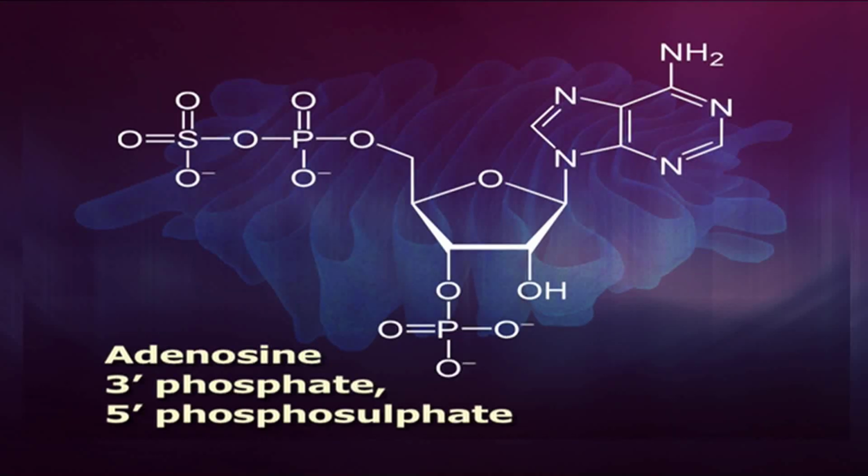The adenosine 3' phosphate 5' phosphosulfate is the donor of the sulfate moiety. All these compounds are synthesized in the cytosol and traverse the membrane to become substrates of the enzymes which have their active centers at the luminal side of the Golgi vesicle.